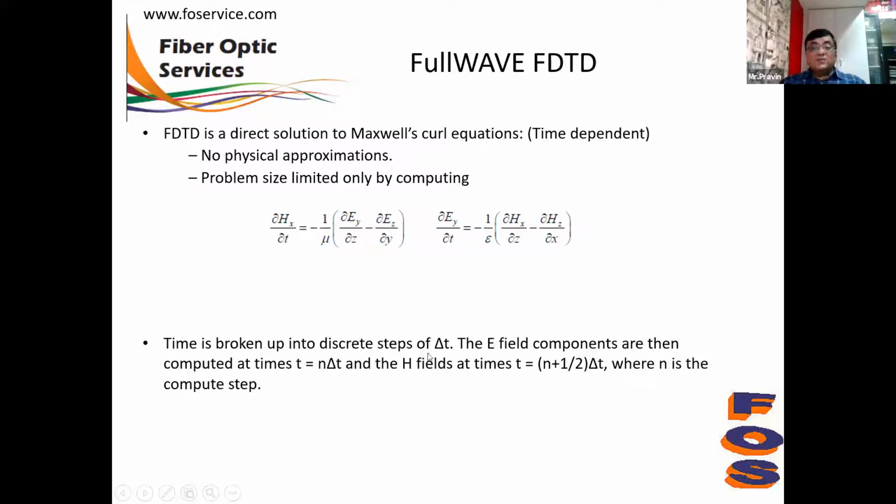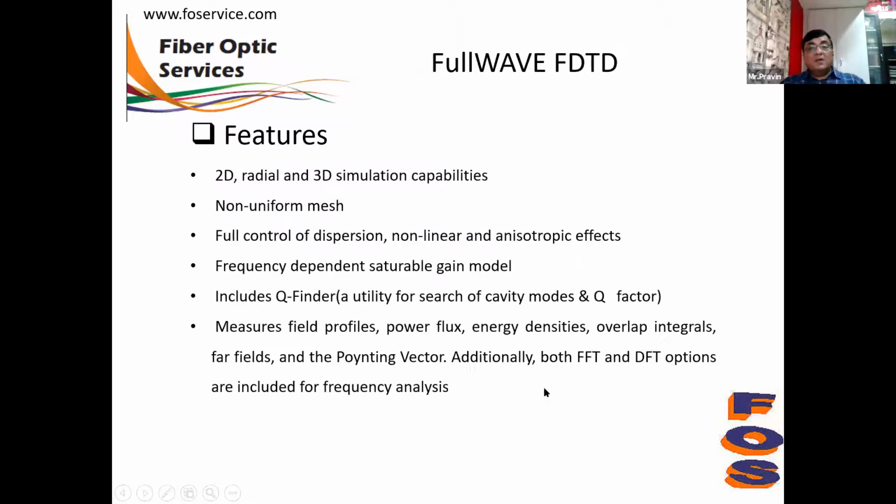Time is broken into discrete steps of delta t, and E field components are computed at t equal to n times delta t, and H field at n plus 1.5 delta t for each computational step. Full wave FDTD has features that it can do 2D, radial, and 3D simulations.